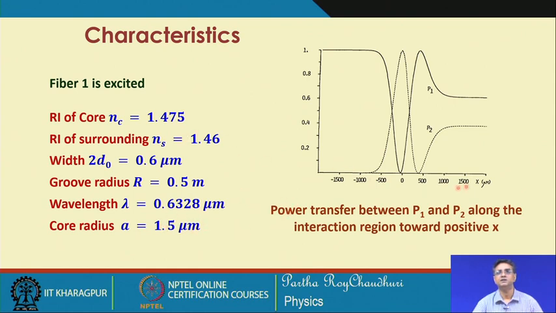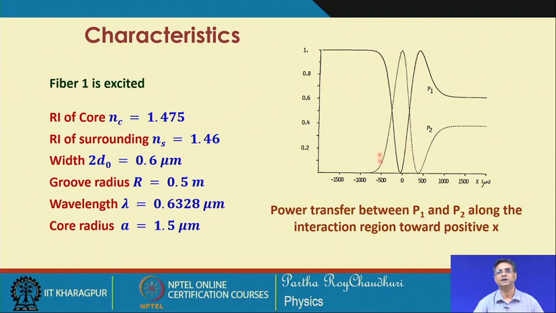Then this is the typical power transfer characteristics between P1 and P2. Initially you have maximum power P1, then it comes to 0. At that time the maximum power at P2 is this, which is the complete transfer of power point, and then again it falls to 0 and it takes over to P1.